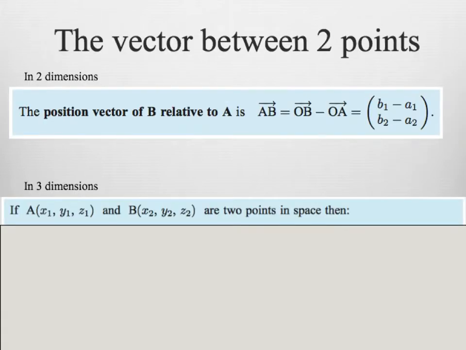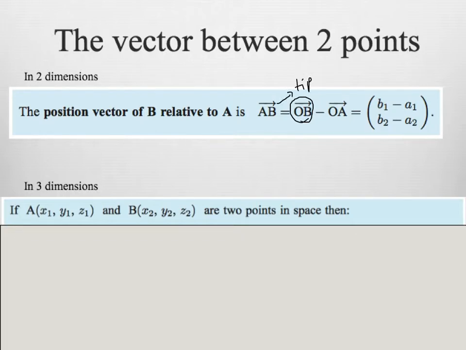Same thing with the vector between 2 points in 2 dimensions, the position vector of B relative to A. If we have 2 points, A and B, we always take the position vector of B. B comes first, the tip comes first.